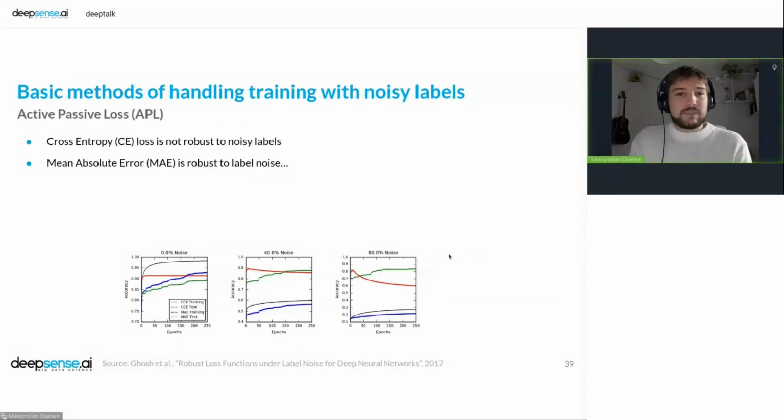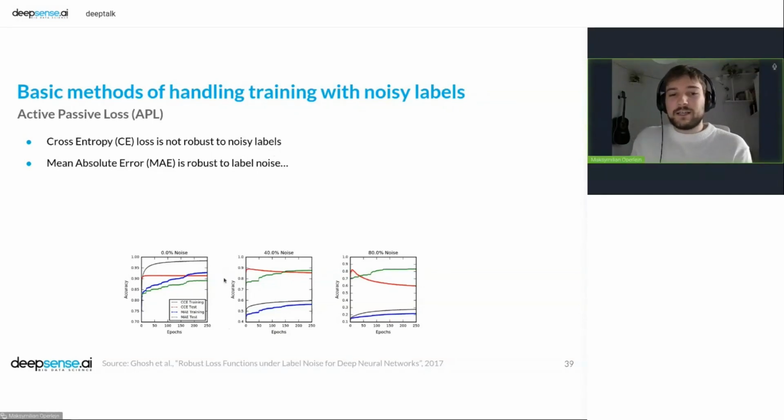All right, so the last method for today, once again playing with loss, is combining some loss functions into one normalized loss. But let's just focus on cross entropy, which is completely not robust to noisy labels because of its characteristics.